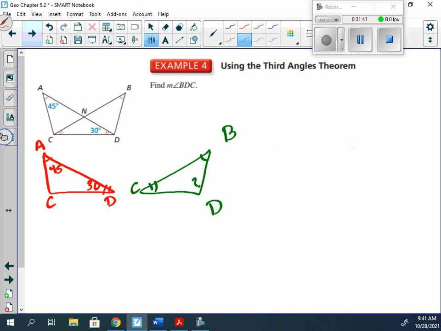A has 1, D has 2. So ADC and BCD, do those 2 triangles have 2 angles that are congruent? Well, yes. So we can say that the 2 triangles, their third angle will be congruent as well.